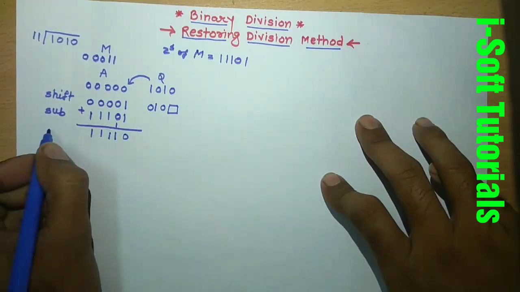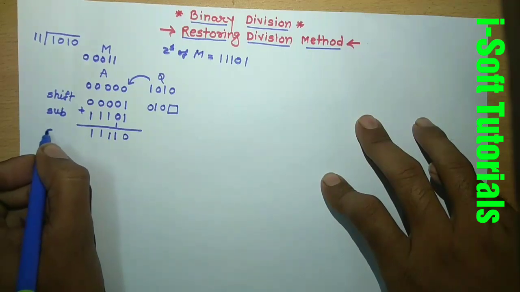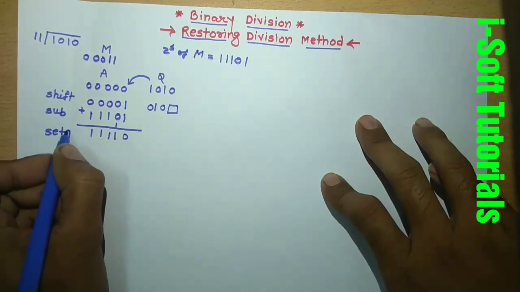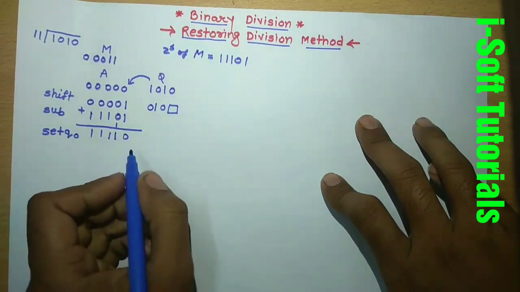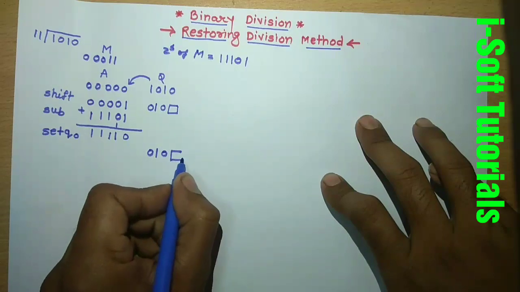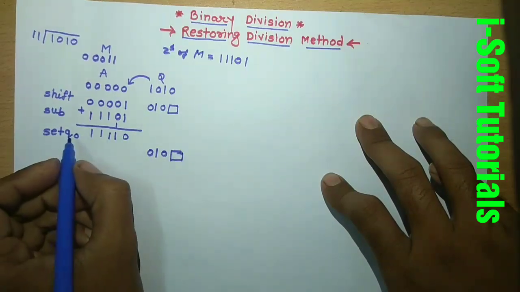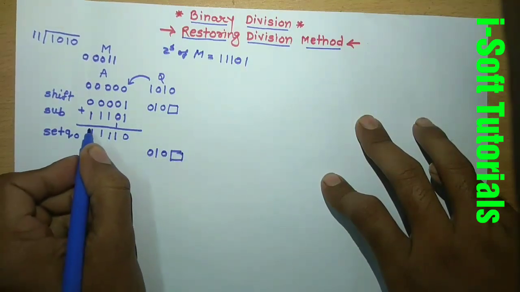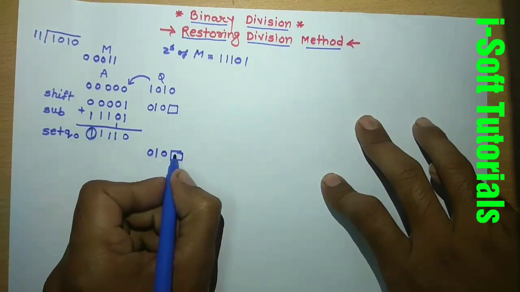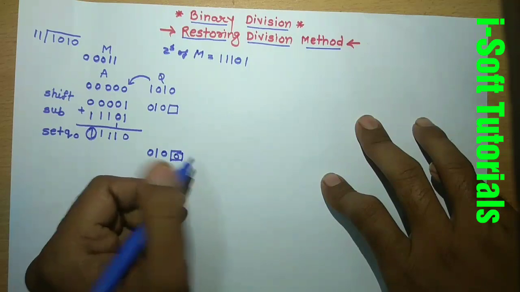Then in the second step we have to set Q0 according to our result, and decide whether we have to restore the result or not. So how do we set Q0? I will rewrite Q here, with the empty space. In this empty space we decide that if the sign bit is 1, then we set Q0 as 0.